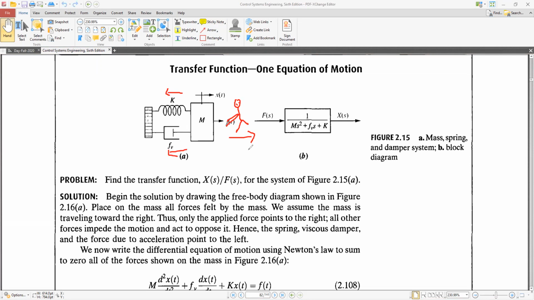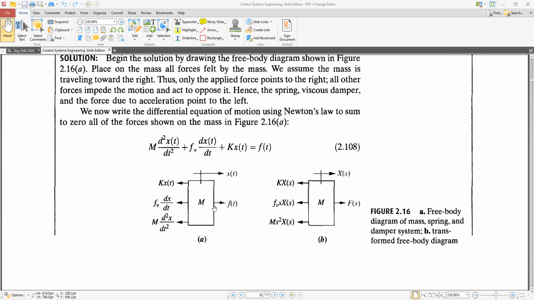For that case, you create the equation. So someone pulls it in this direction, but it feels some opposite force, so that it stays as it is. That is the thing you have to consider.